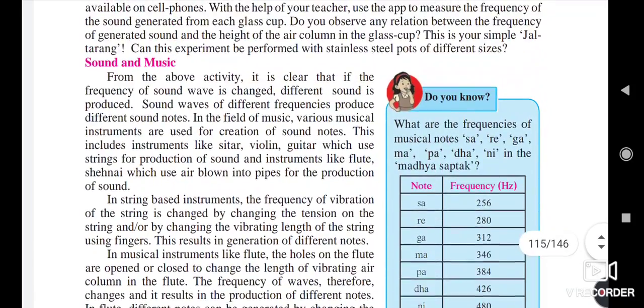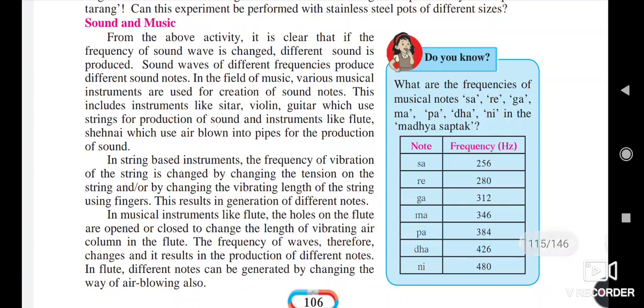Now there are some frequencies of a classical song, the basic notes: sa re ga ma pa dha ni. These are the 7 notes which are the base of classical song, with frequency from low to high.